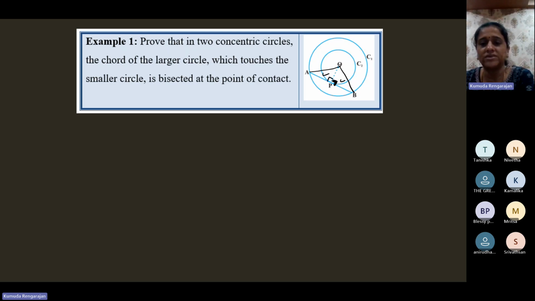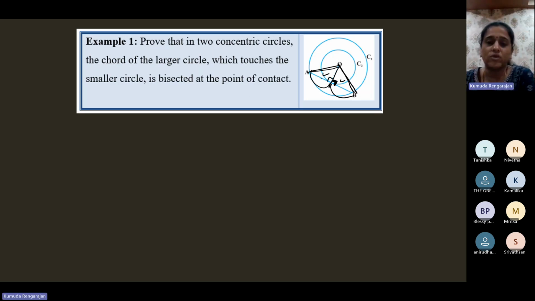Then OA is equal to OB because they are the radii of the outer circle. So RH, and OP is the common side. By the RHS congruence criterion, the two triangles are congruent. So PA is equal to PB by CPCT. If PA is equal to PB, that means the line segment AB is bisected.